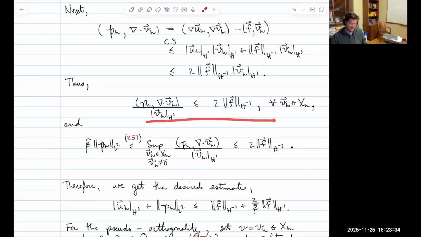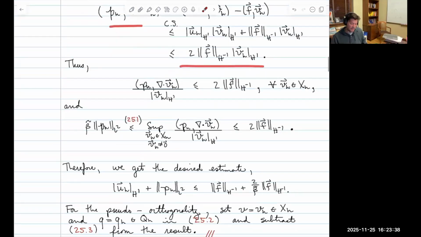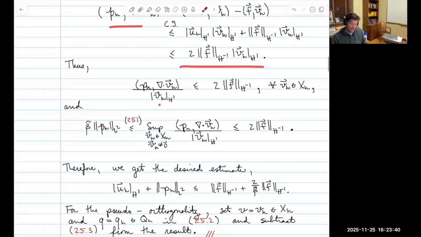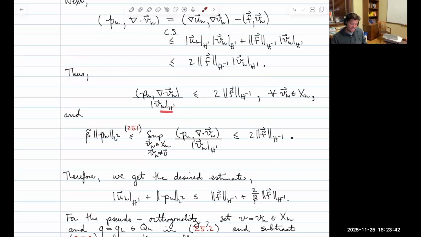Okay, so I have this condition from this estimate dividing by VH, and I can do that as long as VH is not equal to 0. Okay, as long as VH is not equal to 0, you can divide by that.